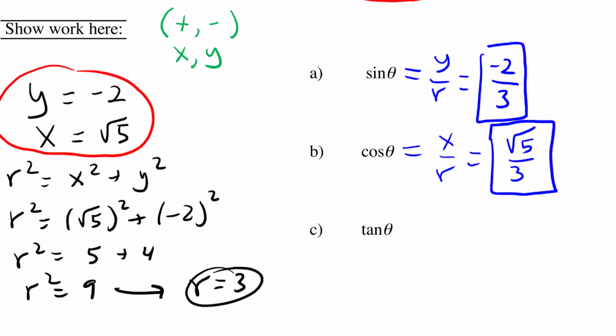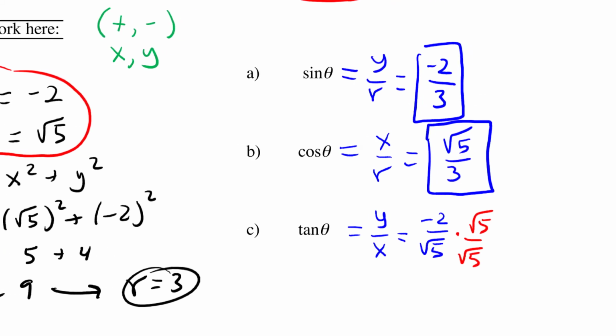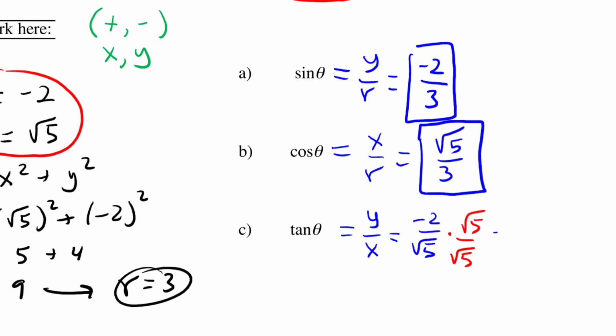And the tangent of theta is y over x. And in this case, that is negative 2 over square root of 5. And what we get from that is we will rationalize this time and get negative 2 radical 5 over 5.